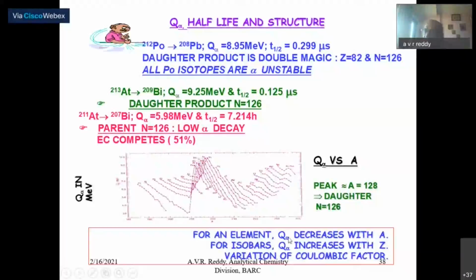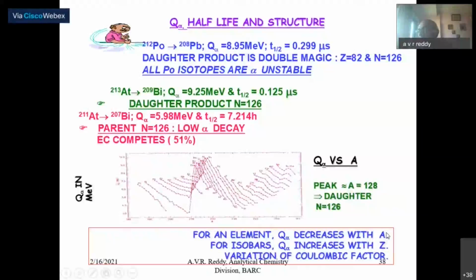Q alpha in a family of isobars increases with atomic number because A is constant, more and more Coulombic force and lowering of attractive forces. And in a given element, mass increases, but Q alpha decreases with increasing mass.